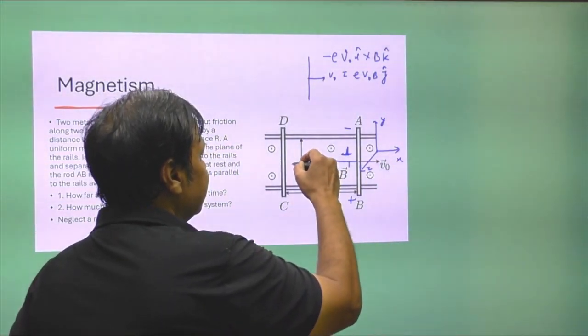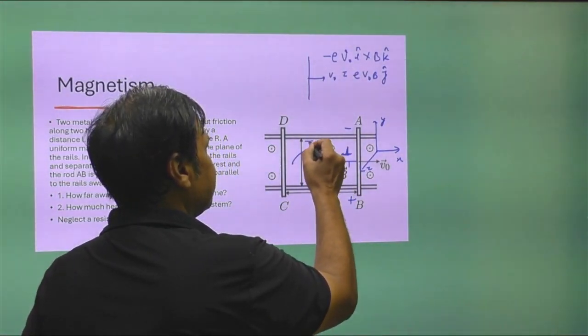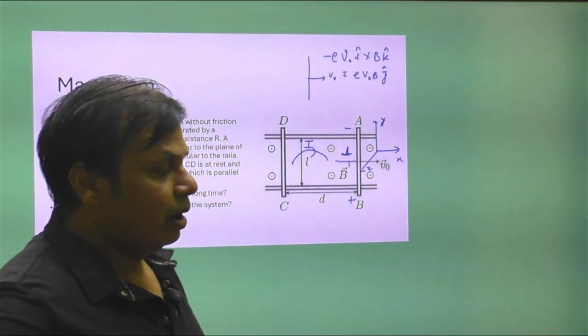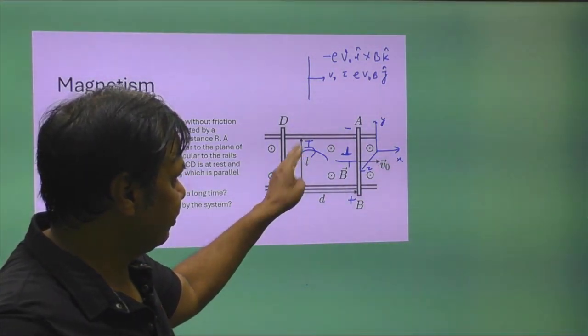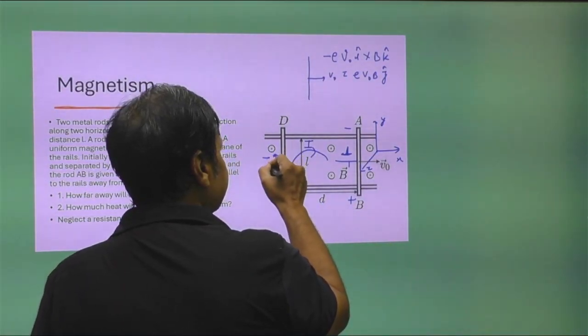Current in this direction, name it I, will start flowing. That means this current will pass like this.